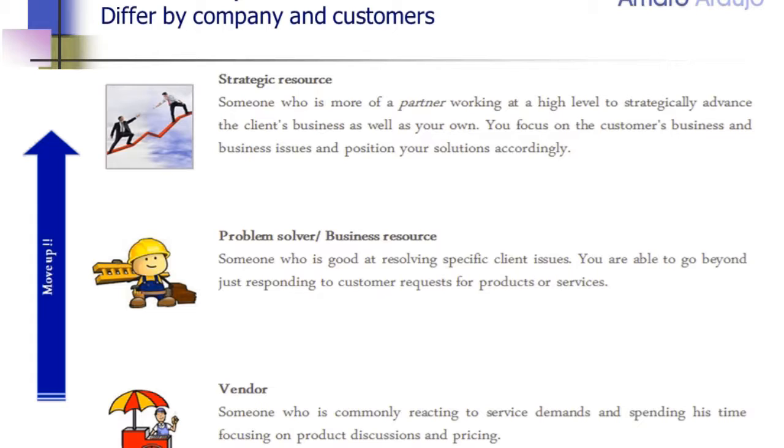So pricing becomes less and less the major point of discussion, and it's more about how you can jointly work on solutions, new products, new features, improvements, whatever. So this is how you can improve your business: moving away from a vendor position to a strategic partner position.